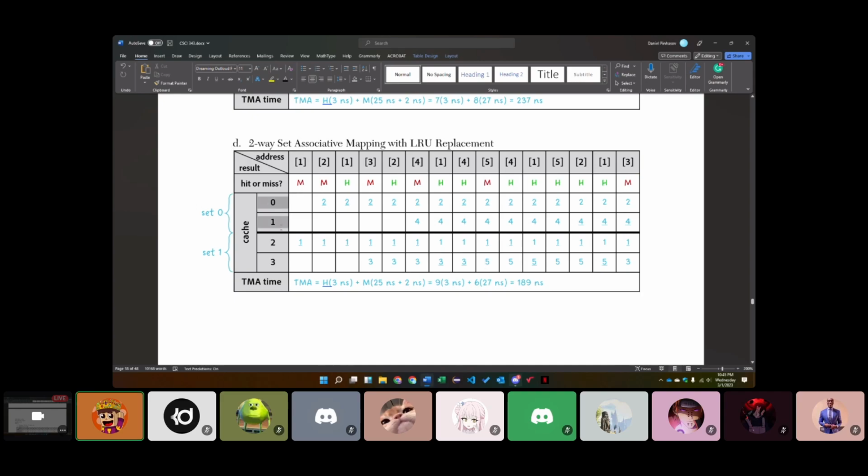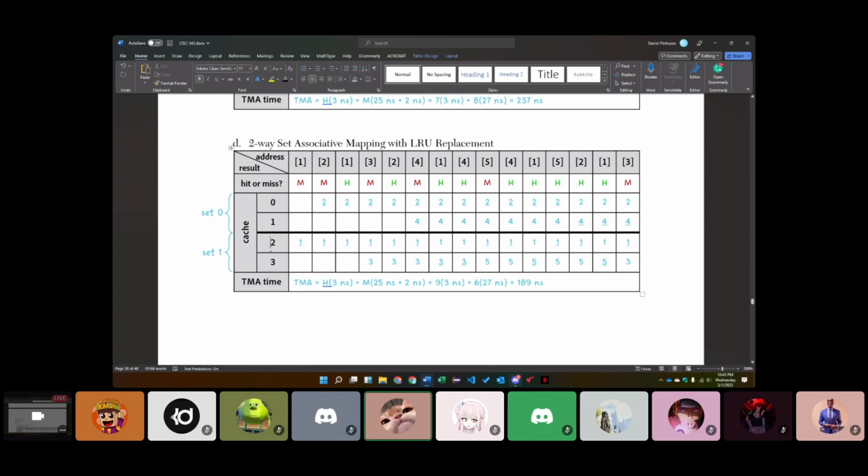So this is set 0, this is set 1. Don't look at these indexes for set associative. You only look at the indices for direct. So from 1 mod 2, it'll always be set 0 or set 1.